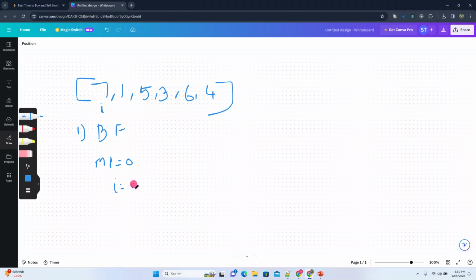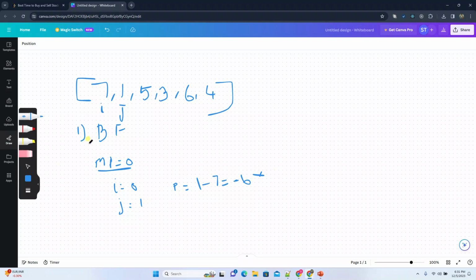When i equals 0 and j equals 1, what happens? The profit is prices at j minus prices at i, that means 1 minus 7, which is minus 6. Since 0 is greater than minus 6, this will not work out.